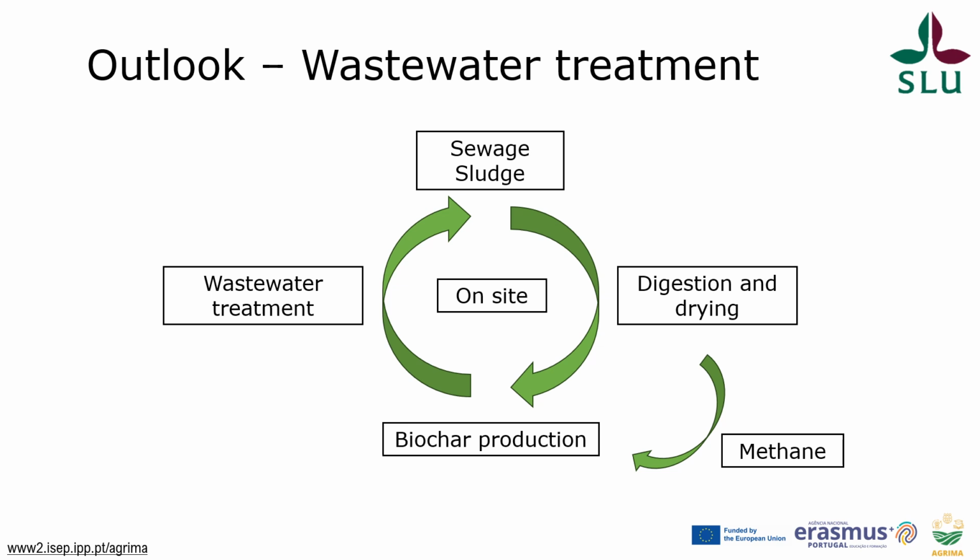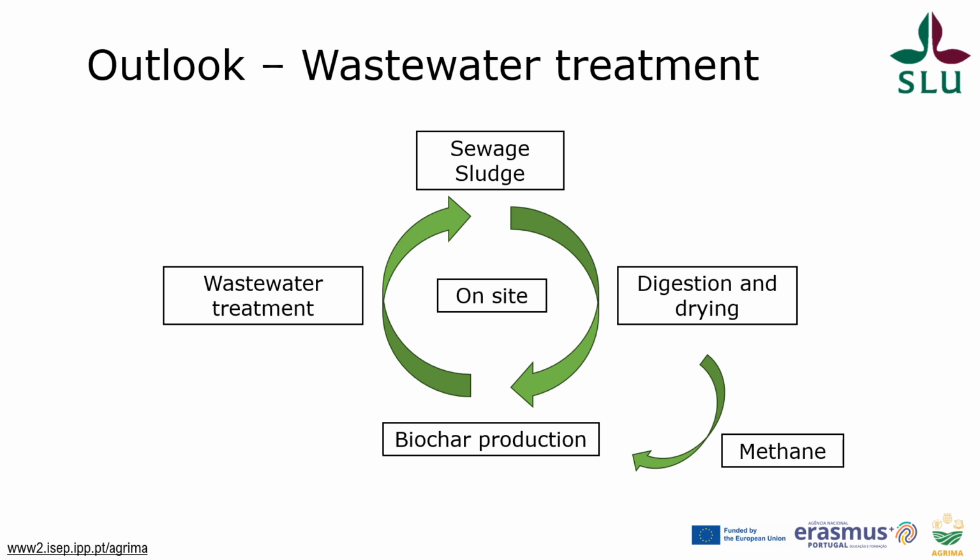So you have your sewage sludge, and we perform some digestion and drying on site. This digestion gives you biogas or methane, and this methane can be used directly in the biochar production.